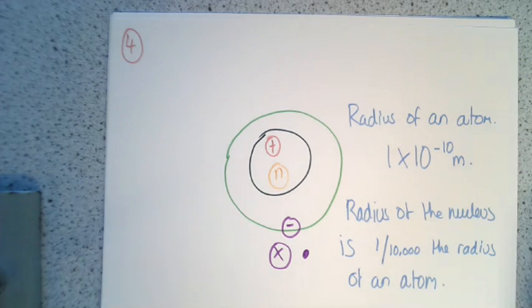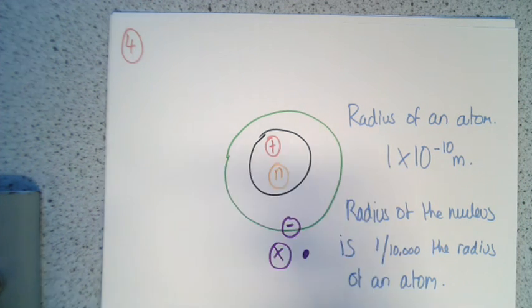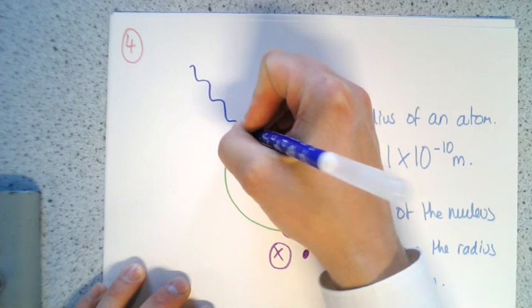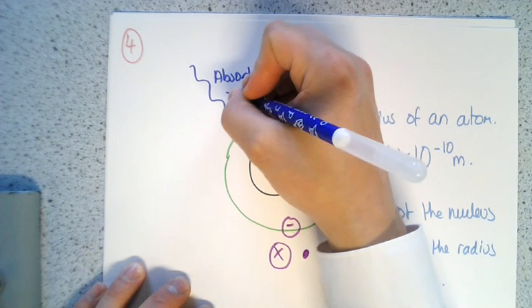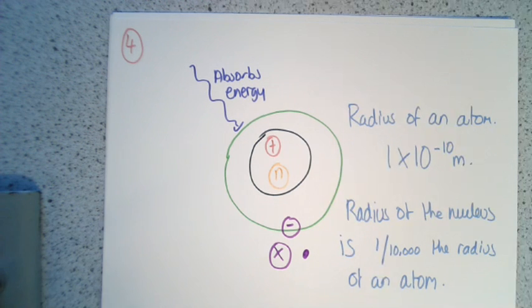One thing that could be chucked in there is about the absorption and emission of energy. When we talk about alpha, beta, and gamma, we talk about atoms absorbing the energy or absorbing the radiation. If an atom absorbs energy, and there's certain terminology you need to use here, so make sure you're very specific with your language.